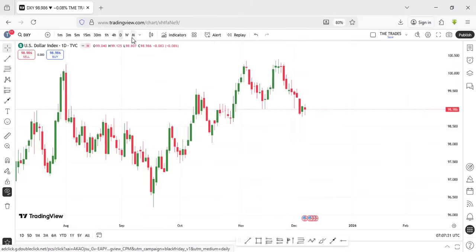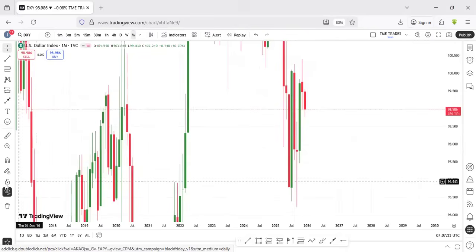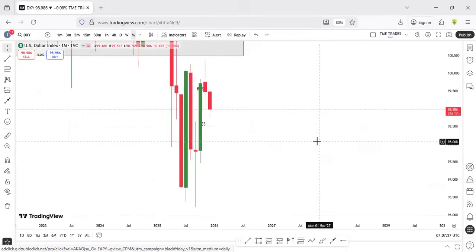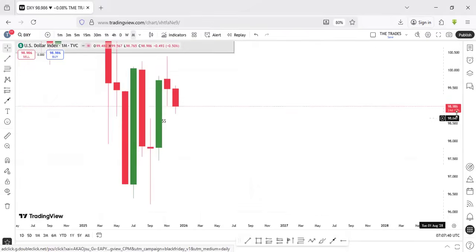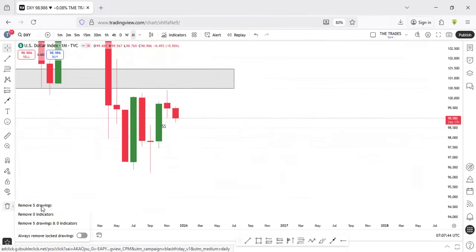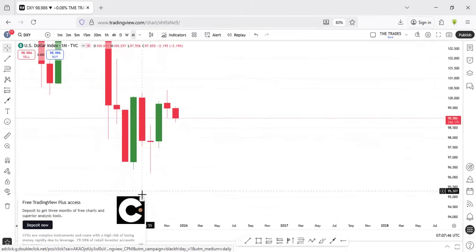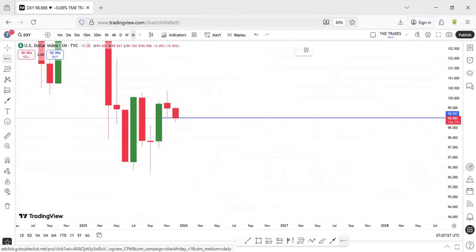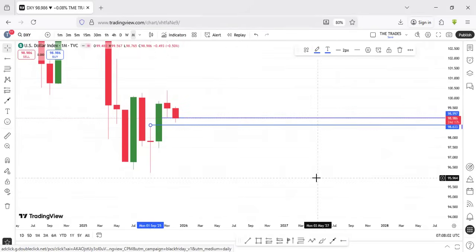Now, when we go to the monthly time frame, let's quickly remove all this. You can see what is currently happening. By the way, I covered everything. Okay, let's delete everything and start afresh. I covered all these moves that we are seeing here, because on the Sunday that I covered this, the market was still at this particular place, and I explained all the reasons why we should be expecting this particular gap to be covered.